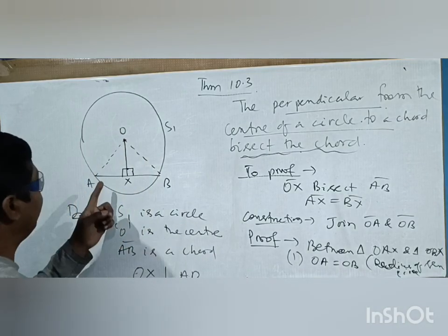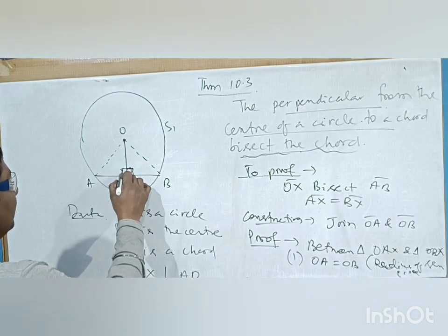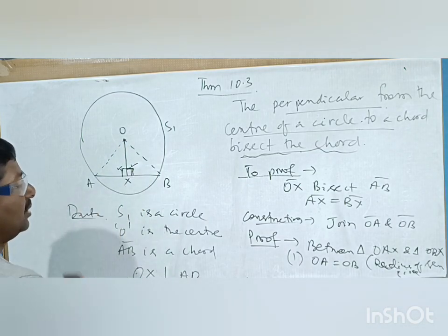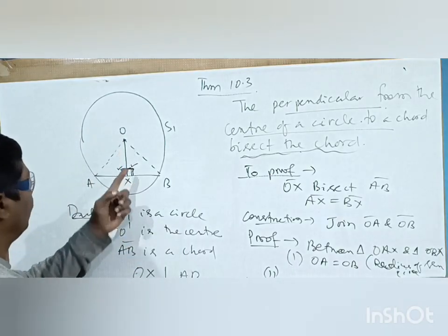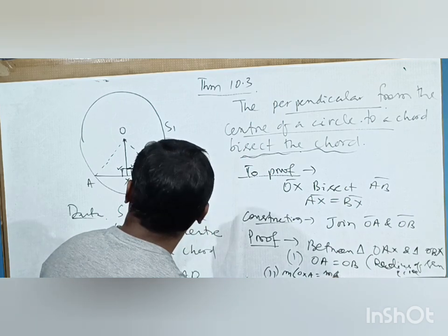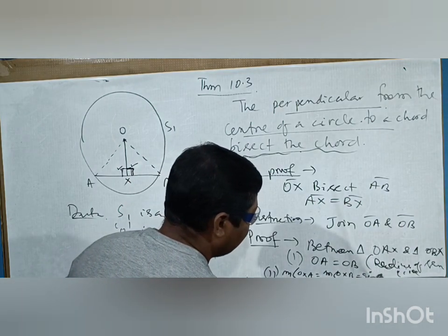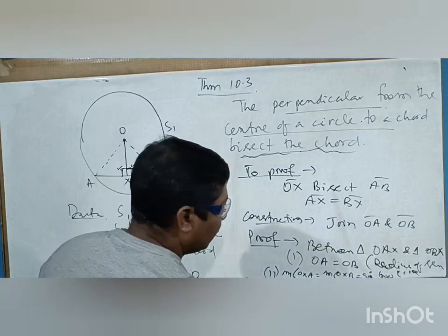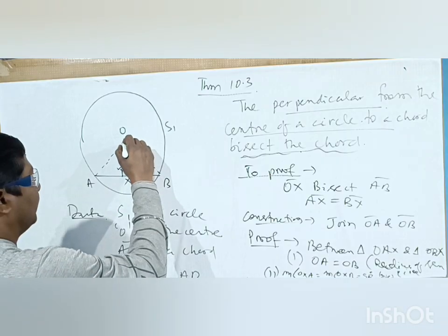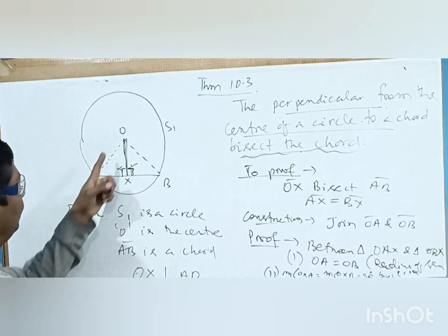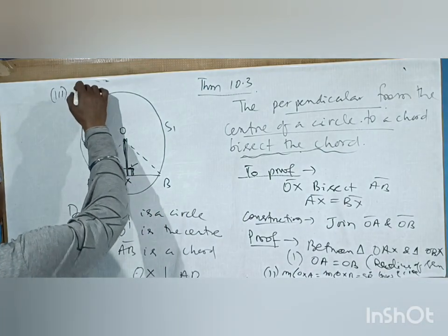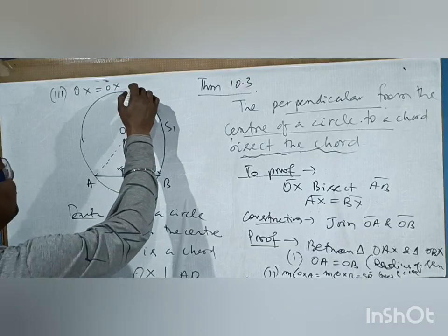Second, OX perpendicular to AB means this angle is 90, this angle is 90. So measure of OXA equal to measure of OXB equal to 90 degrees given. Another, this is the common side for both triangles. OX is a side of triangle OAX and also of triangle OBX. So third condition is OX equal to OX, common side.